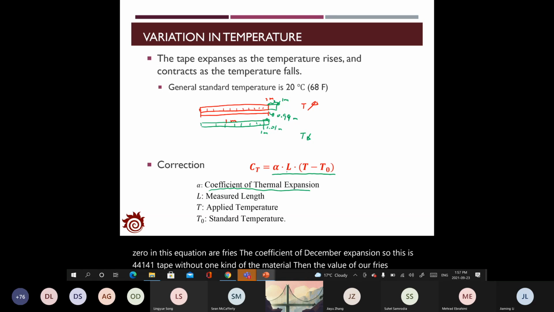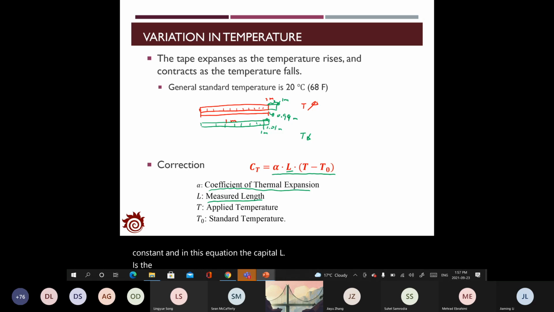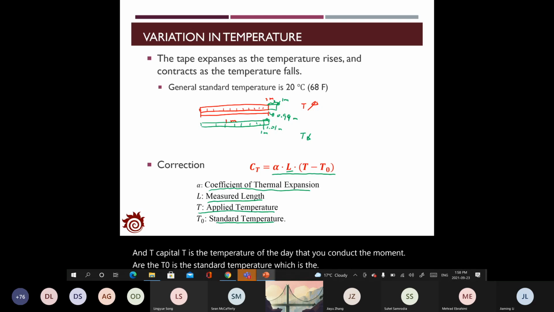The capital L is the measured length, which is the length you read from the tape. This is the actual reading. Capital T is the temperature of the day that you conduct the measurement. T0 is the standard temperature, which is the temperature at which the tape is calibrated.